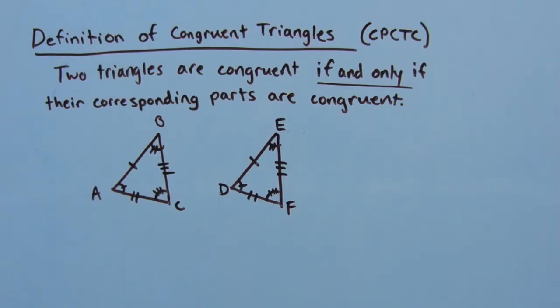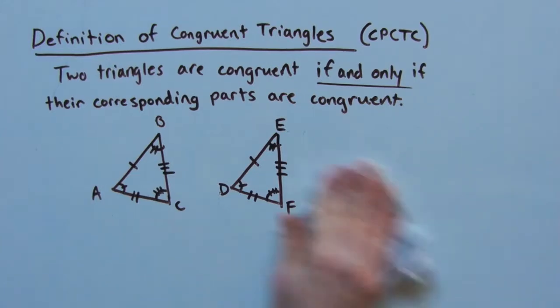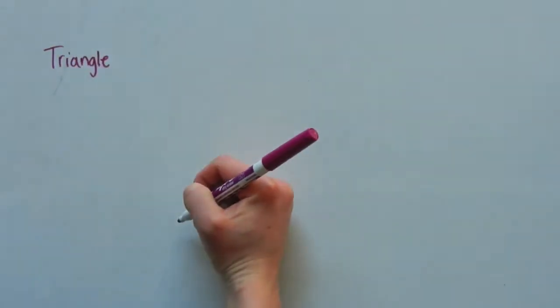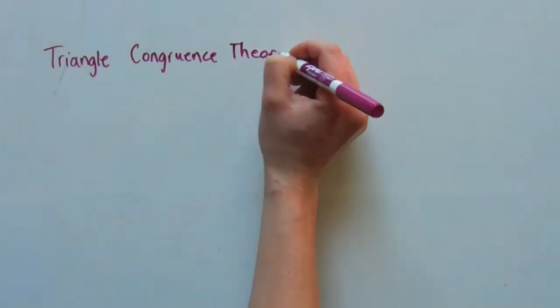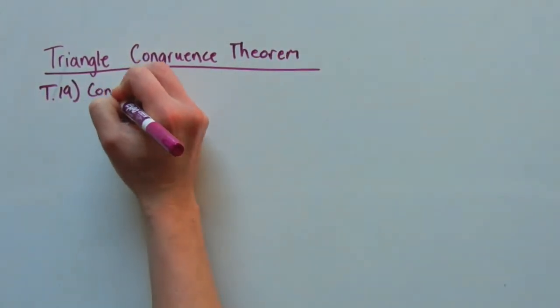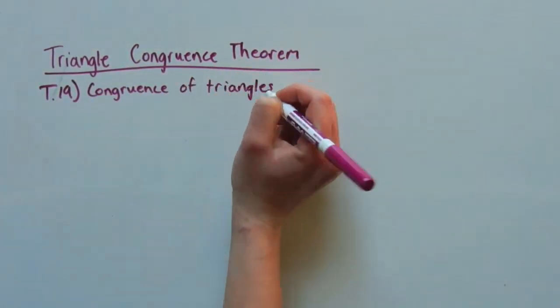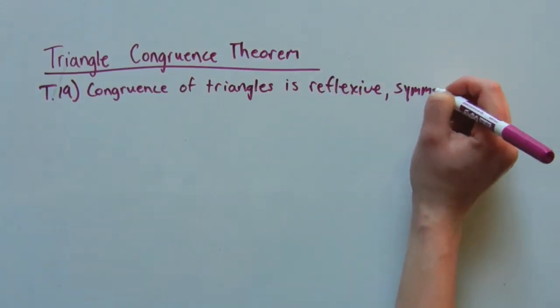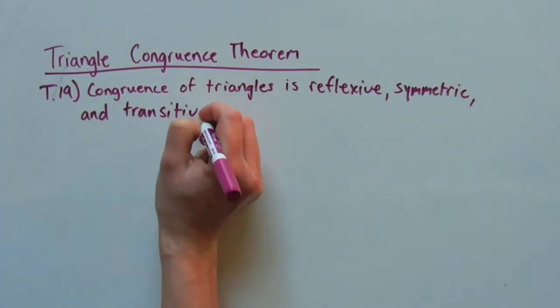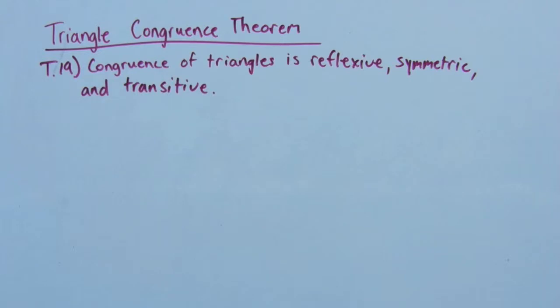Now let's go over the Triangle Congruence Theorem. The Triangle Congruence Theorem is very similar to the Segment Congruence Theorem and the Angle Congruence Theorem.